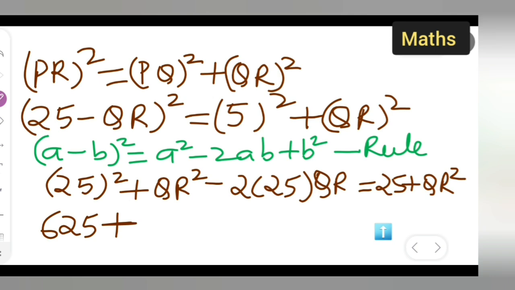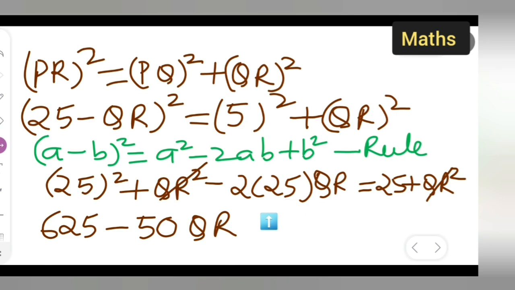Okay, now here the QR square and the QR square will get cancelled. You are left with minus 50 QR. Multiply these two, 2 multiplied by 25, we will get minus 50 QR is equal to 25. Okay, so now 625 minus 25, this you will bring it here.